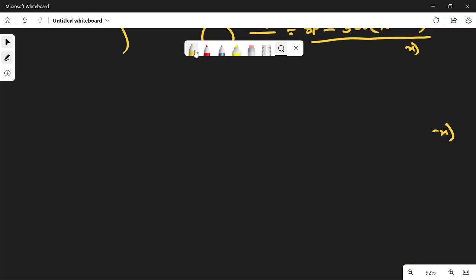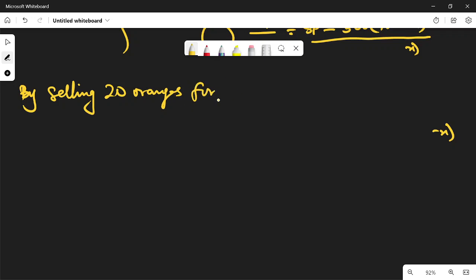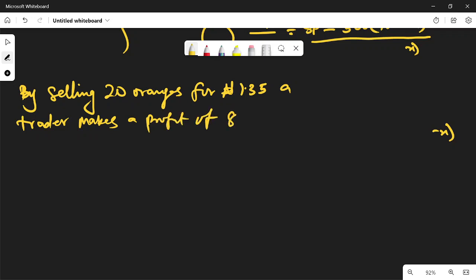So another question we want to take here states that by selling 20 oranges for 1.35 naira, a trader makes a profit of 8%.